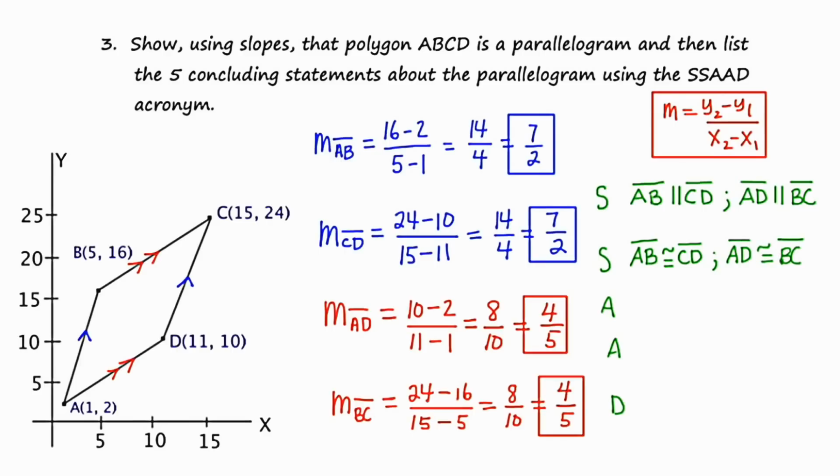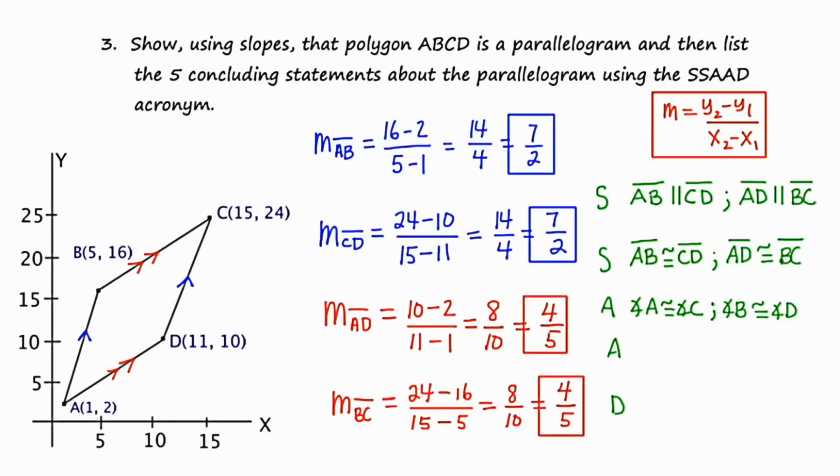The first A stands for both pairs of opposite angles are congruent. So angle A is congruent to angle C, and angle B is congruent to angle D. The second A stands for the fact that all consecutive angles are supplementary.